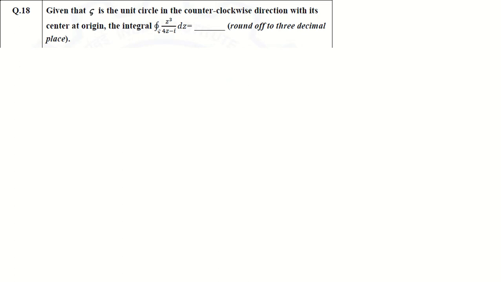Zeta is the unit circle in the counterclockwise direction with its center at origin, the integral. You have to find out the integral z cube divided by 4z minus 1, dz, right? The closed integral over zeta.